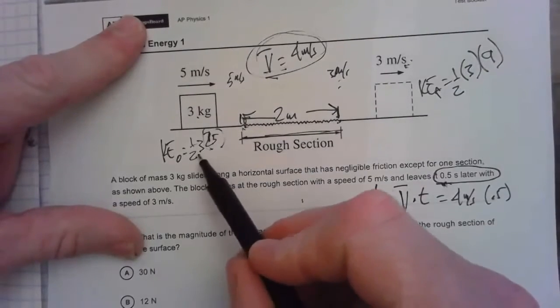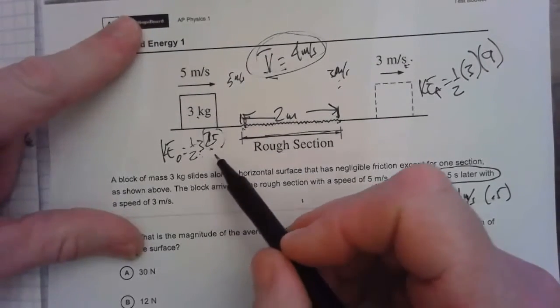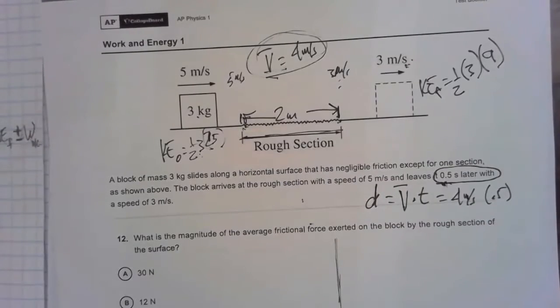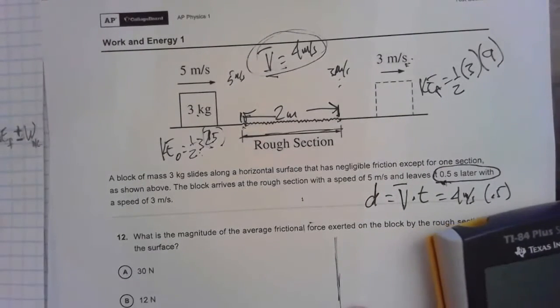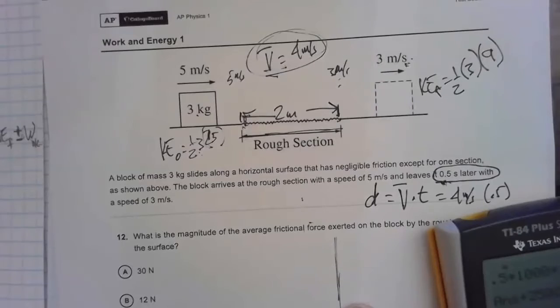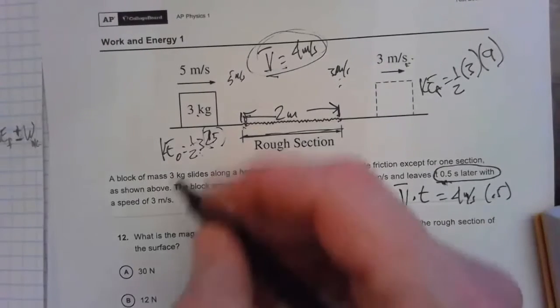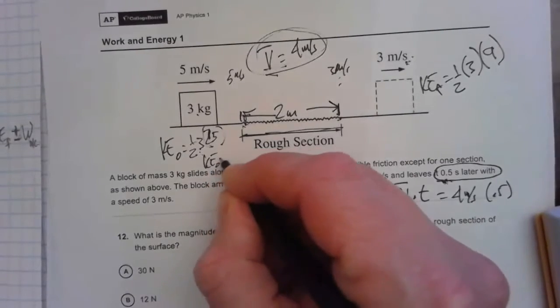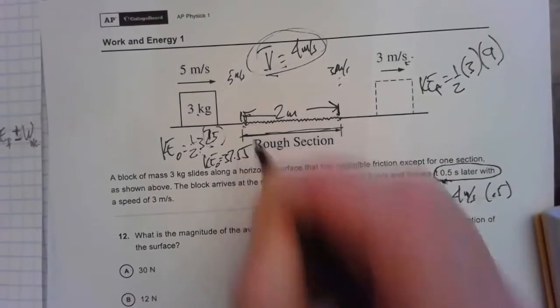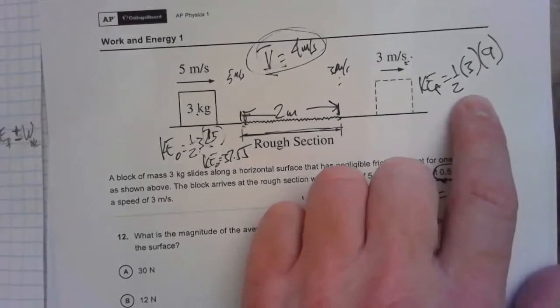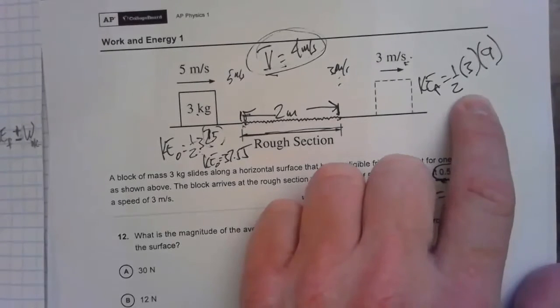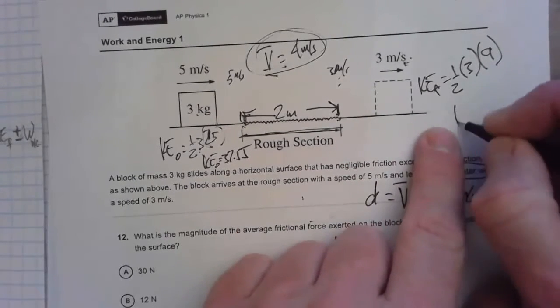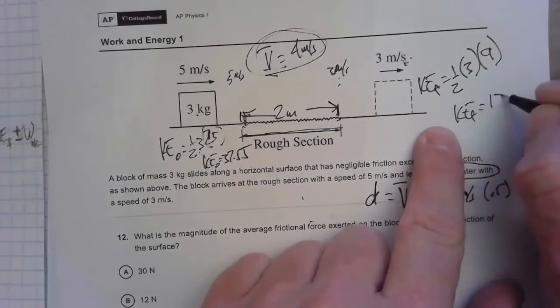So this is 1.5 times 25, 37.5 is the original kinetic energy, joules. And over here I got 1.5 times 9, 13.5. So the final kinetic energy is 13.5.